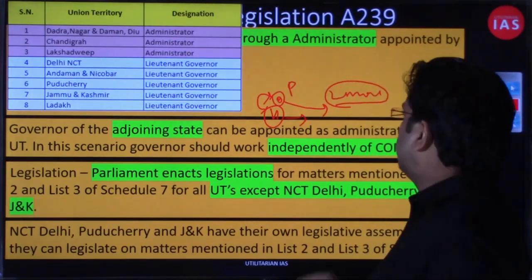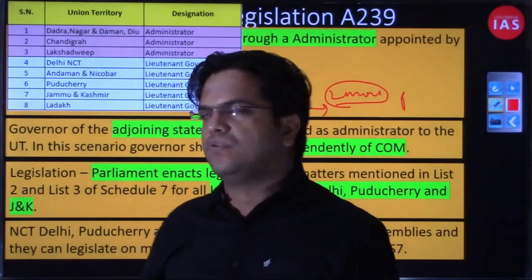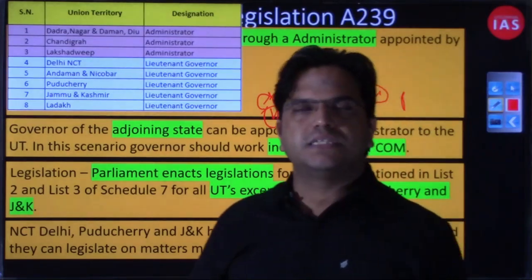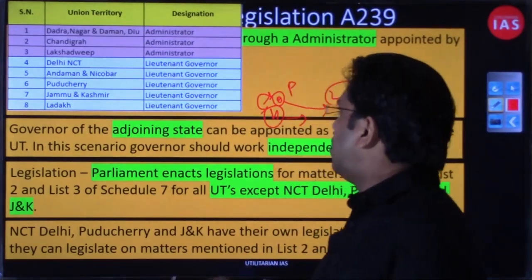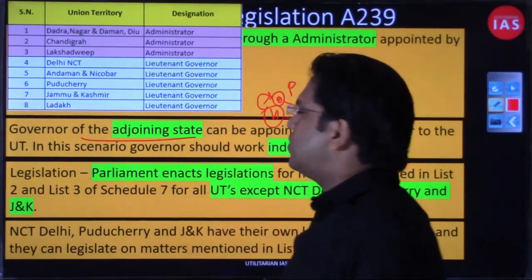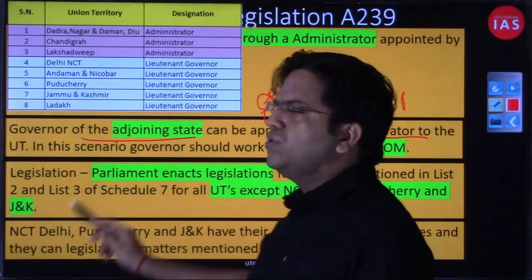Similar can happen with Puducherry as well. The Tamil Nadu governor or the Andhra Pradesh governor can be asked to take additional charge of the Puducherry region. So that is one option: the governor of an adjoining state can be appointed as administrator of the union territory.